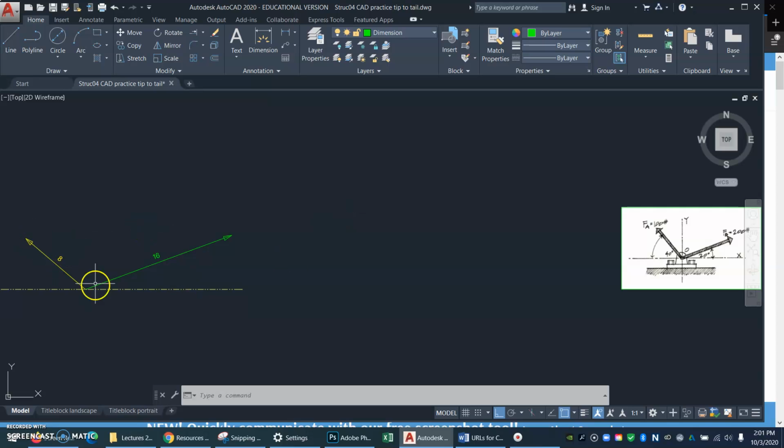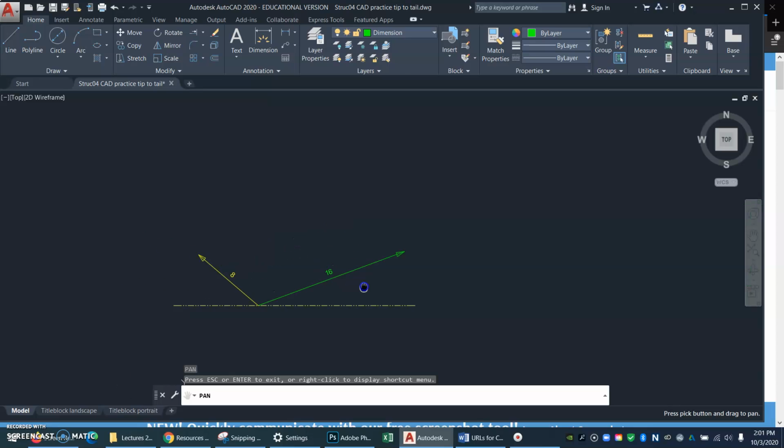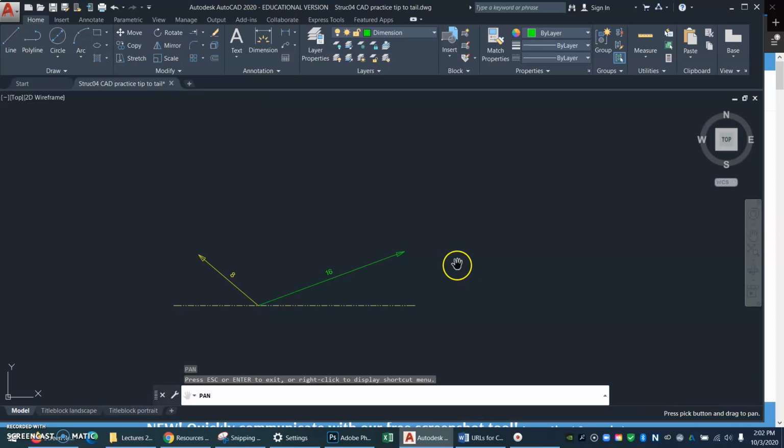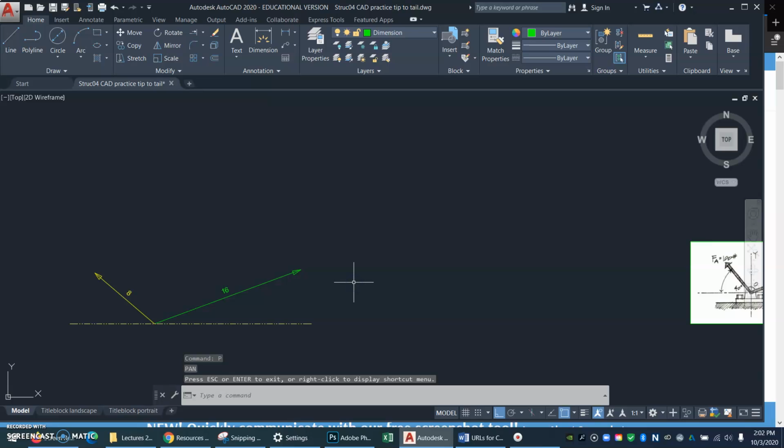I'm going to do one that's 8 pounds and 16 pounds, and I have drawn them at the right angles. We're going to come back to the angles, but for right now, let's just look at these. Okay, now I would like to find the resultant of those two arrows. What force has the same net result as those two individual arrows?